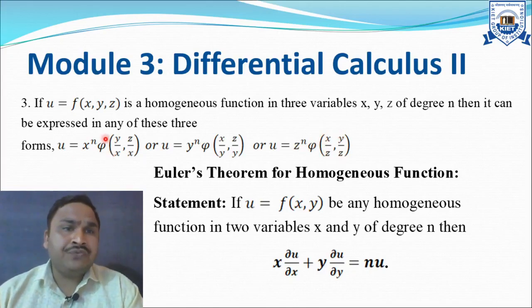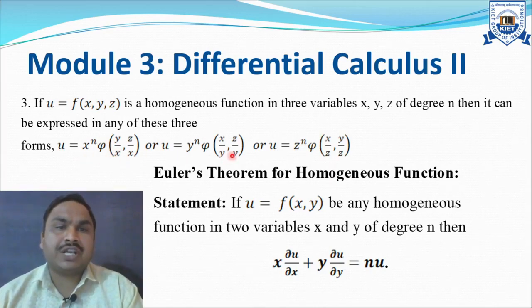That is, if we take the power of x common, we get the first form; if we take y^n common, we get the second form; and if we take z^n common, we get the third form.